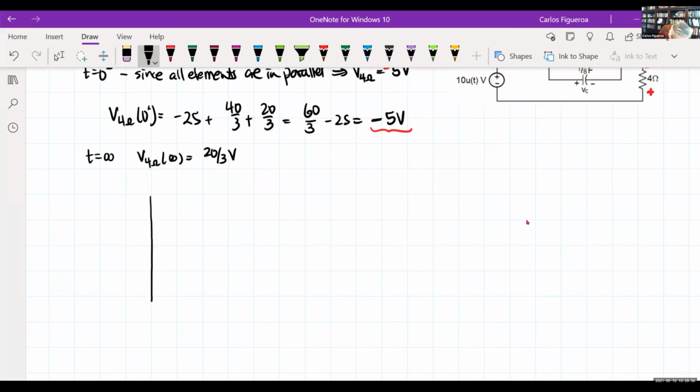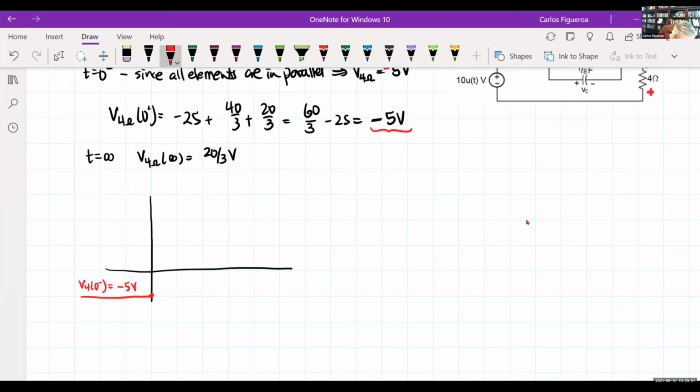Well, I know it's starting out at minus 5 volts. So I'm seeing the voltage of this guy come in to this point right here, and this is V4 ohm of 0 minus, which should be minus 5 volts.